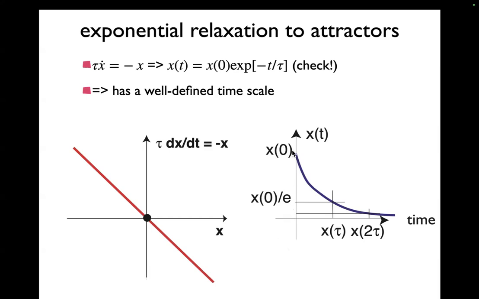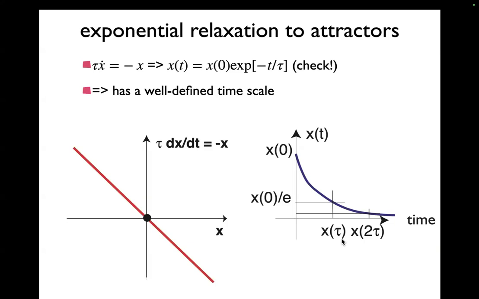And then if you insert t equals tau, you get exponential minus tau over tau, exponential -1, so 1 over e, and that will be about a third of the initial value. So the time it takes to decay to about a third of the initial value, that's the time tau.